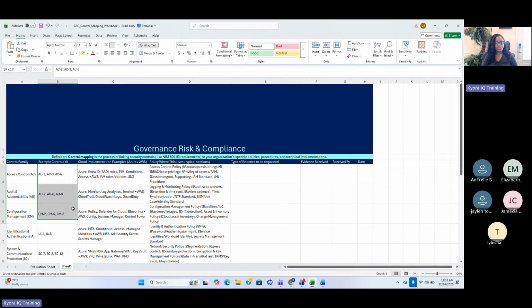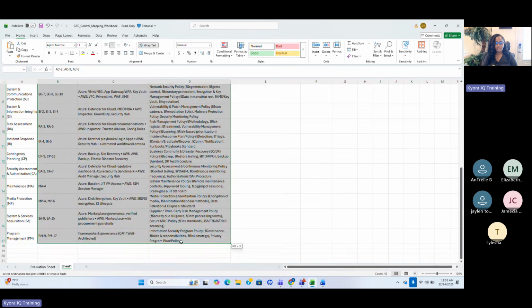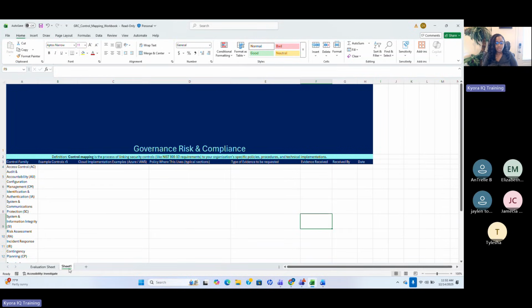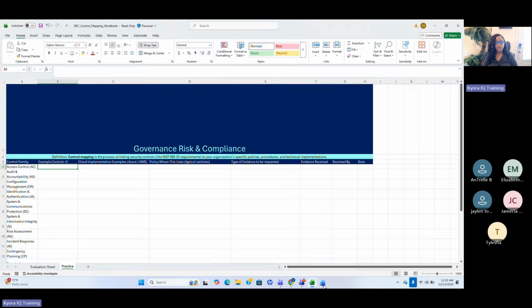So I'm going to remove this information here. And again, this is what you guys are going to do because this is now your practice workbook. So you can label it like practice. Right. And then we're going to use the example that I just did for this access control policy.